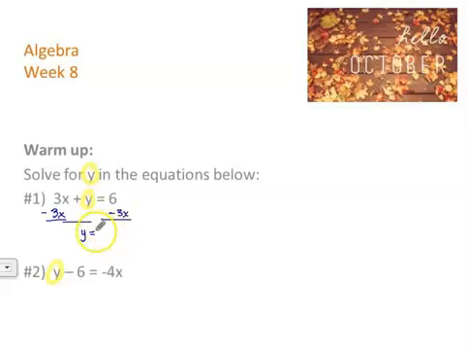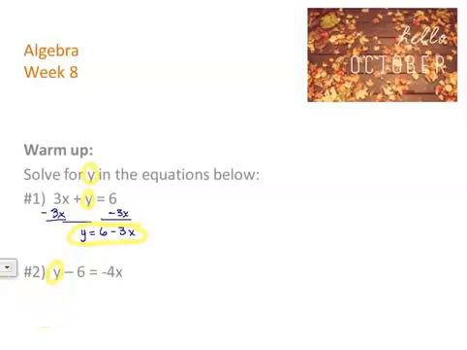This is good, that's what we're trying to do. Then 6 minus 3x, because these are not like terms. 6 is a constant, it's a whole number, and then we've got a variable term with the negative 3x. We can't combine those any further, so that is our final answer. y equals 6 minus 3x.